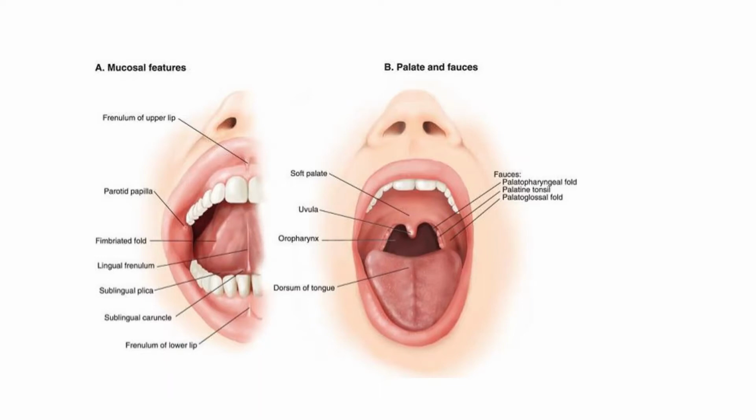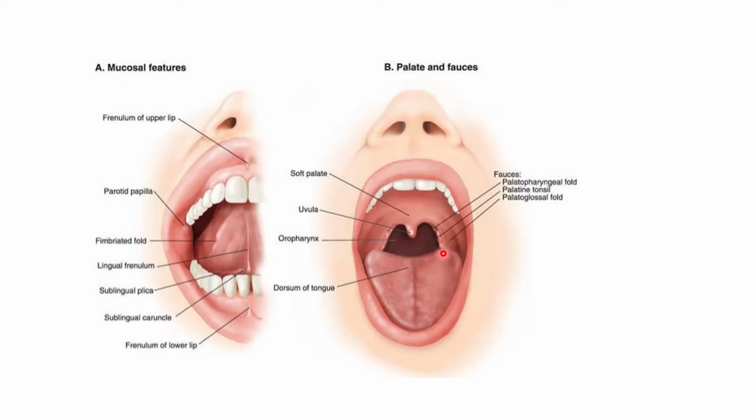The tongue represents the following parts. This tongue is conical in shape, as I have told, representing the tip and the base. This is the oral cavity opened, representing the tip of the tongue and the base of the tongue.